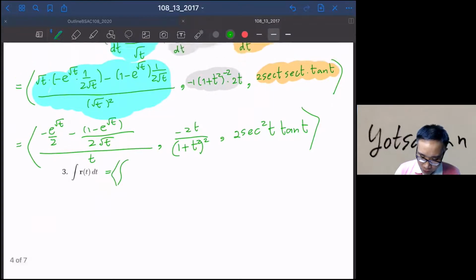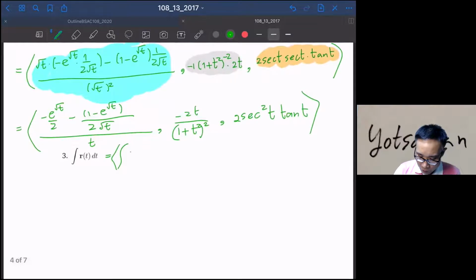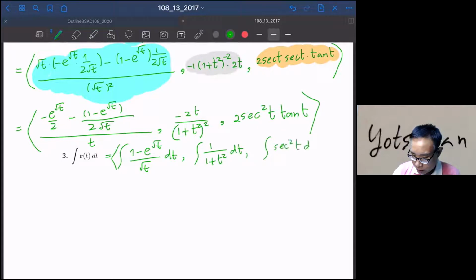So it's the integral of (1 minus e to the root t) over root t dt, the integral of 1 over 1 plus t squared dt, and the integral of sec squared t dt. That's my first, my second, and my third.